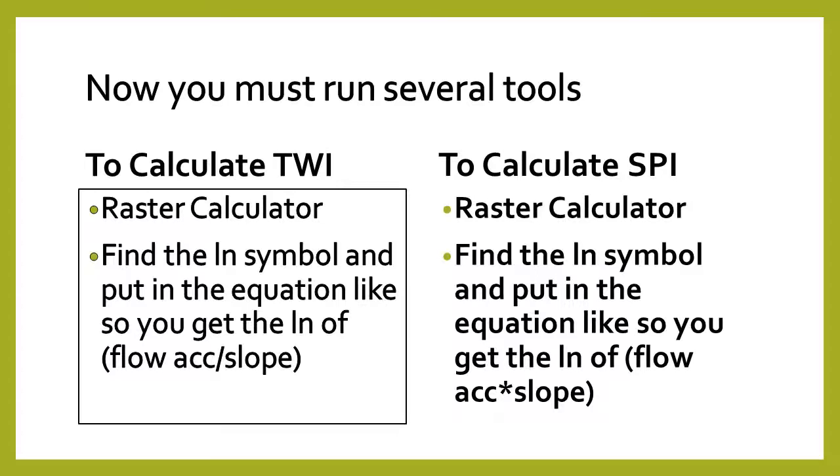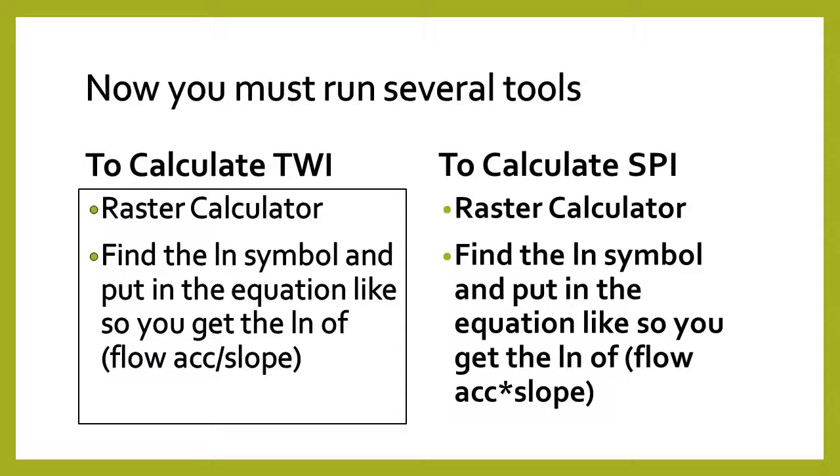Well, to calculate the TWI, you're going to find your Raster Calculator. And on the right, there's a whole list of math functions that you can scroll down through. And somewhere down there on that list is the ln, or the natural logarithm function. When you double click it, it pops up the ln function and gives you a set of parentheses with the cursor in the middle. And then it's just like all the other Esri GUIs, you double click on something, it throws it in there.